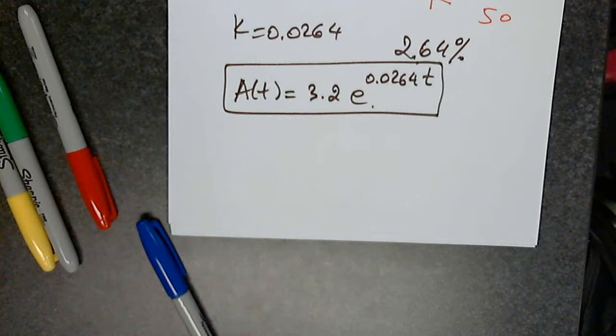I was really asked to determine the initial population and the growth rate. So the population of Palestinians in the territories grows at 2.64% per year. Question part B. In which year will the Palestinian population be 9 million?